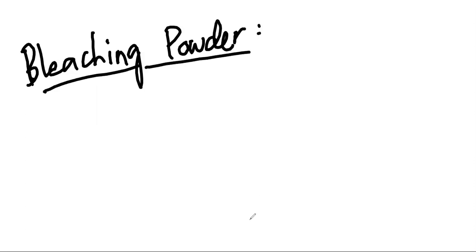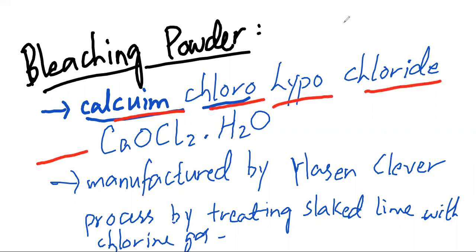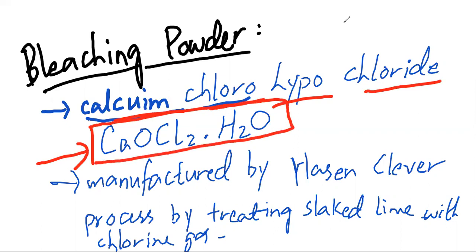The last topic of chapter number 3, s-block elements, is bleaching powder. So the bleaching powder chemical name is calcium chlorohypochlorite. This is the chemical name. This is the chemical formula, CaOCl2.H2O, for bleaching powder.